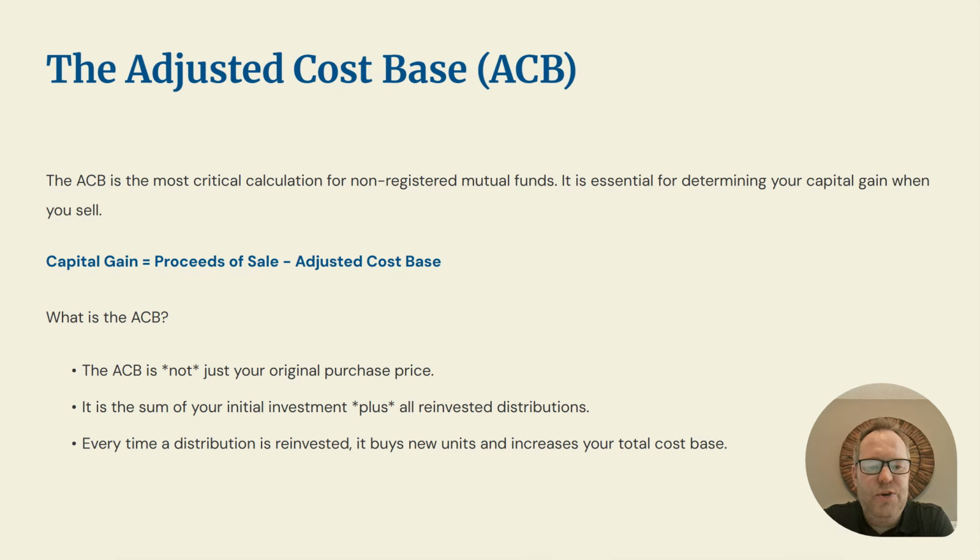You have to calculate for any distributions, any taxation that's already been paid by you, that can affect the cost base to either increase or lower the amount of tax you would owe when you go to sell the mutual fund.